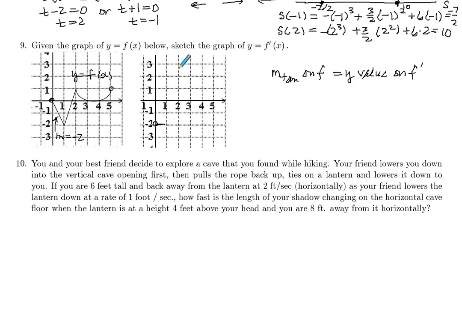And then over here we want y equals f prime of x. So let's see, down here we've got a cusp on the graph at x equals 1. So the derivative's not going to exist there, so it's going to be an open circle down there.